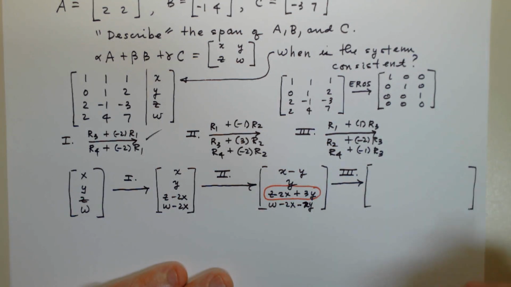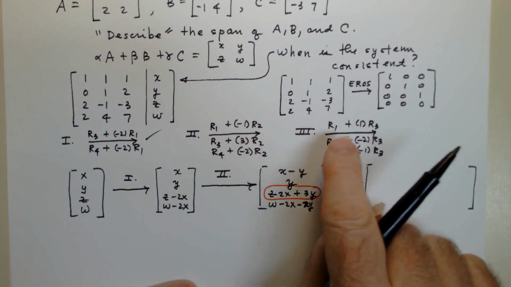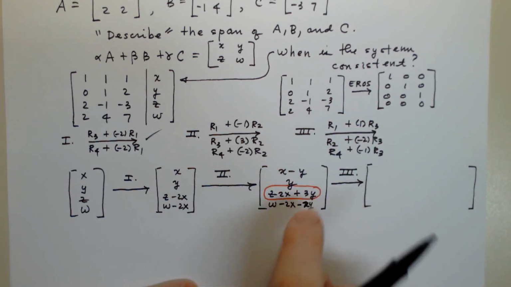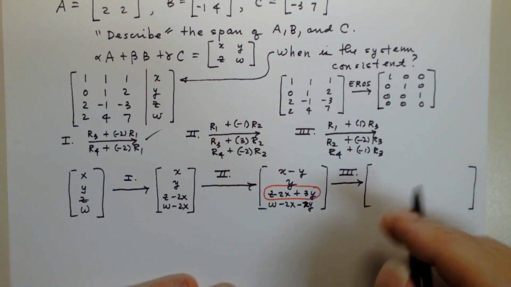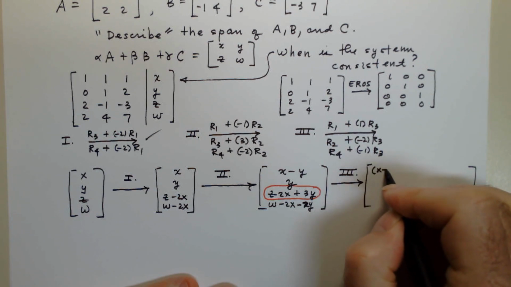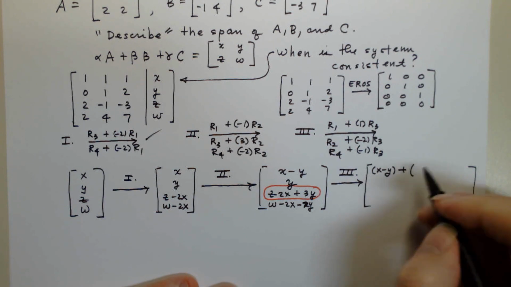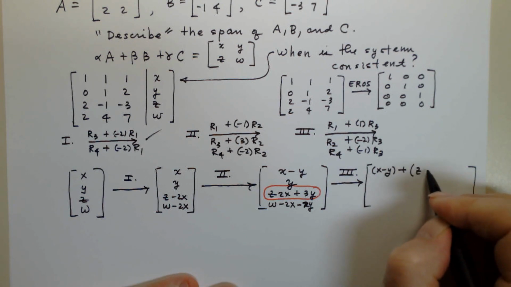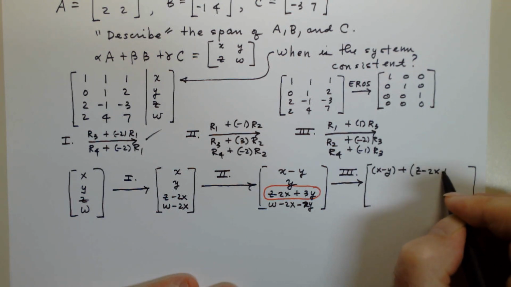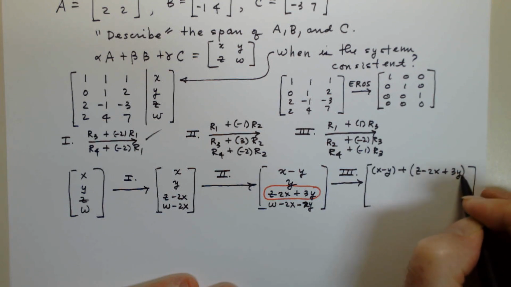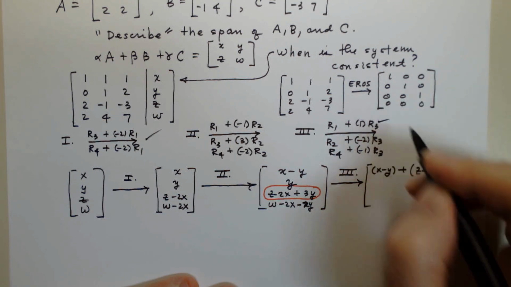Give ourselves some space to work. All right, I'm going to take 1 times this row 3 and tack that on to row 1. So I'm going to have the original x minus y, and then I'm going to have 1 times this being added on. Okay, that takes care of that operation.